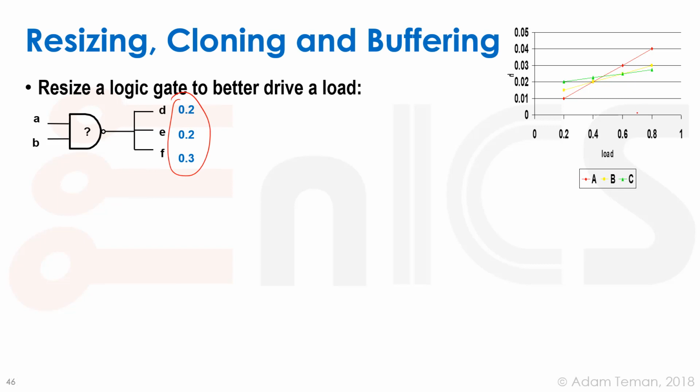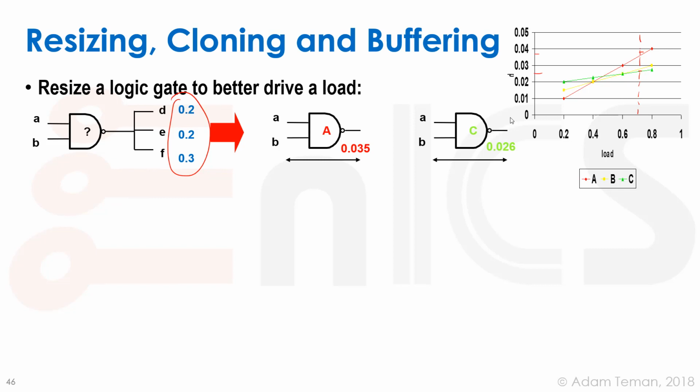So if we go down to 0.7, we can see that the green one will have about 0.25 or so, and the red one will have about a 0.35 delay. So obviously with such a load, we should take the green cell, the C cell, and we'll get a better delay. So just by changing the size of a certain driver, we can get better timing.